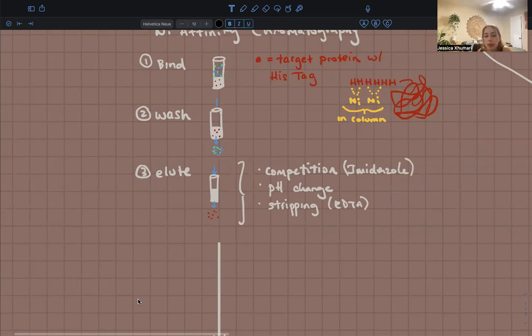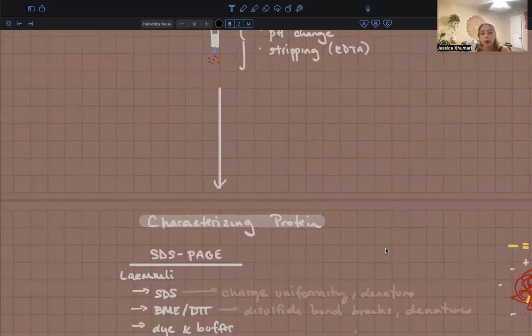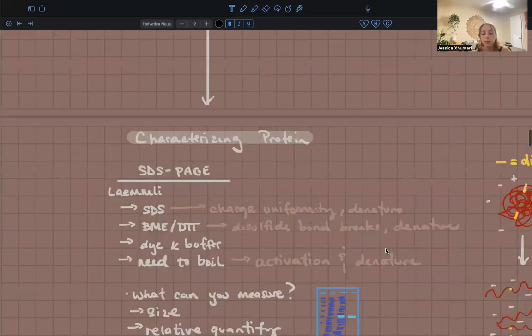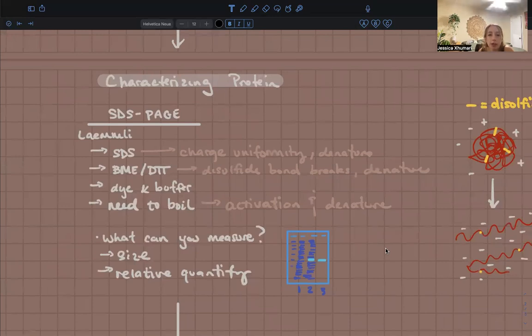So this means basically cutting off the nickel with the protein and you end up with protein and nickel together, which you can remove later. But yeah, so that's with EDTA, okay?